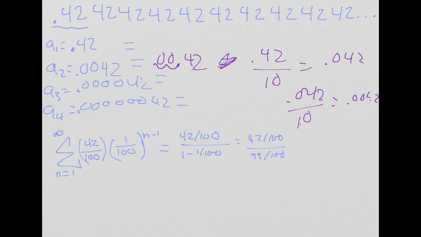Notice the 100 and 100 are going to cancel out, and we're left with 42 over 99. That's so cool, and that's how you write any repeating fraction. You just take the repeating part and divide it by that same number of 9s. Since there were two decimal places in the repeating part, the 4 and the 2, we had two 9s, the 99. That's awesome, and that will always work. That's so cool.